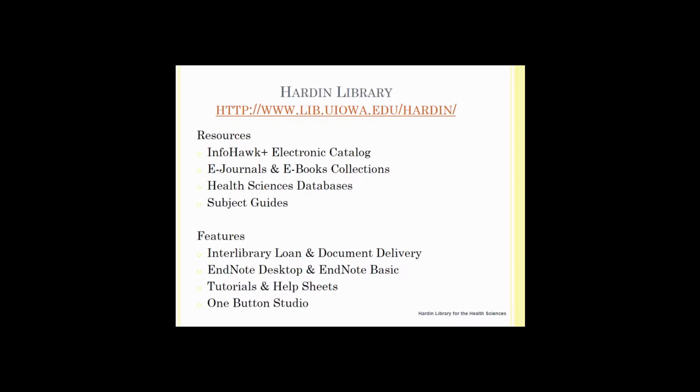They tried to make this system as easy as possible, and it literally is just a click of a button, and you can just go ahead and practice your presentation. You have to get a key from the third floor reference desk. So again, if you've made an appointment, or if you'd just like to use it and no one's currently using it, just ask the person at the desk if you could have the key to the One Button Studio.